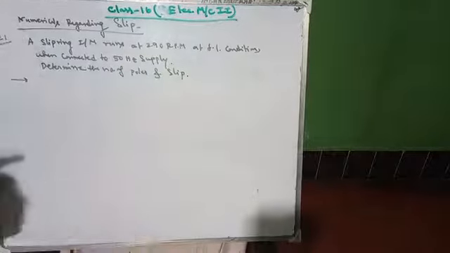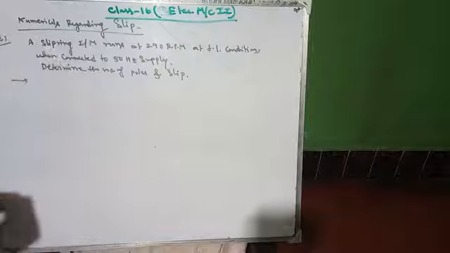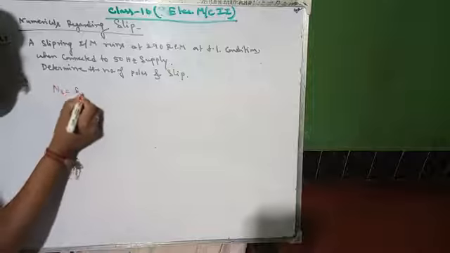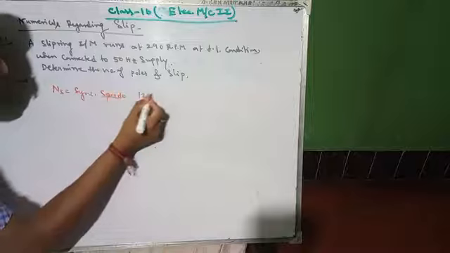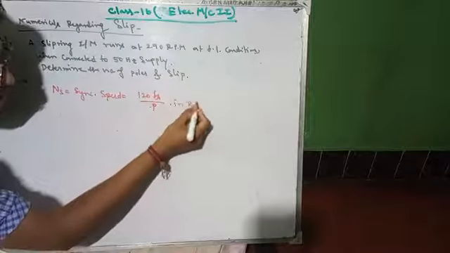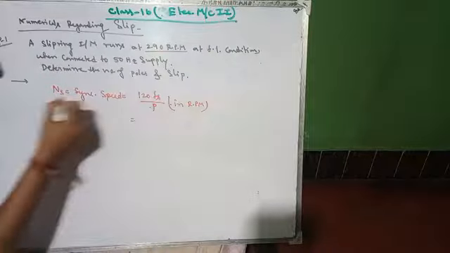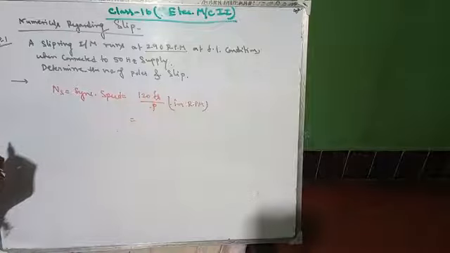Okay, so actually you have to perform the slip calculation. Ns equals synchronous speed, we know, right? The formula is Ns equals 120 Fs by P in rpm. It is in rpm, so you have to find the Ns in rpm first.